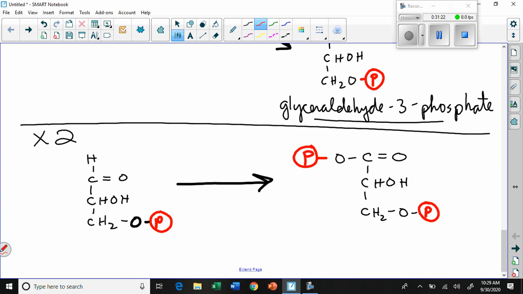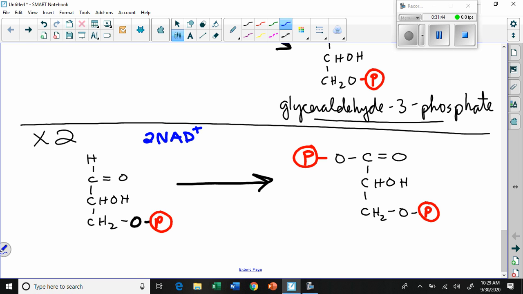So where does this phosphate come from? Well, it doesn't come from ATP. Instead, there's a different molecule. There are two of them, and they're called NAD pluses. Now, they would be floating around in the cytoplasm, and we're going to learn where they come from later.